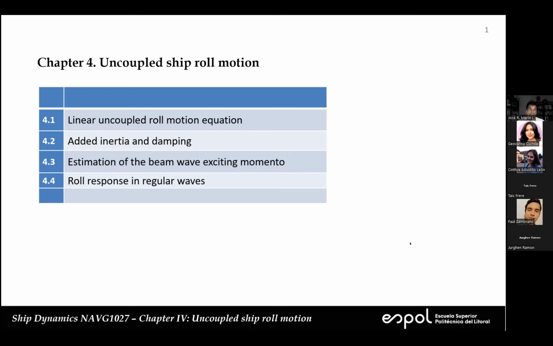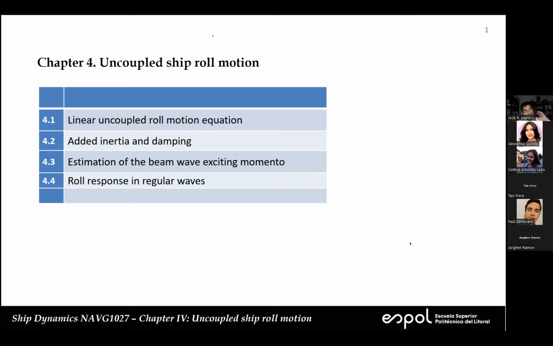It's an empirical method. The Japanese collected a lot of information, lots and lots, and they developed some formulations to estimate the roll damping. And then the other term, in 4.3, is the excitation.